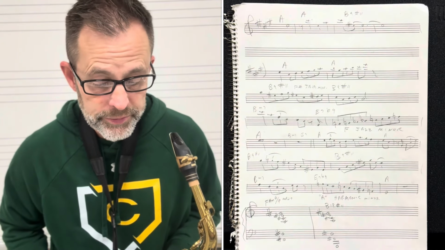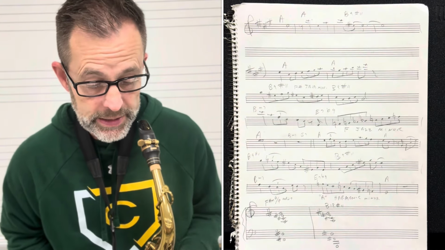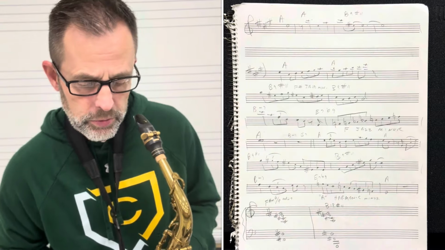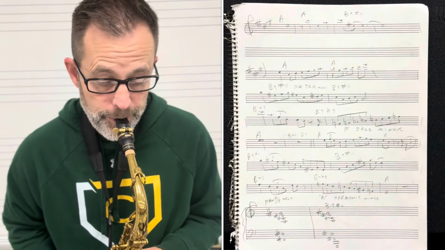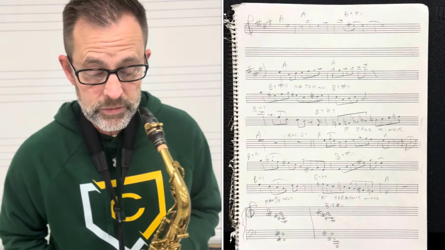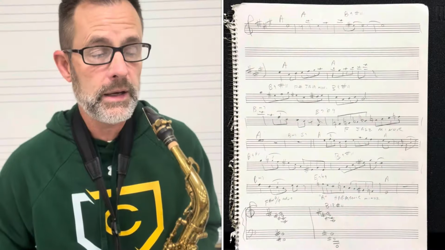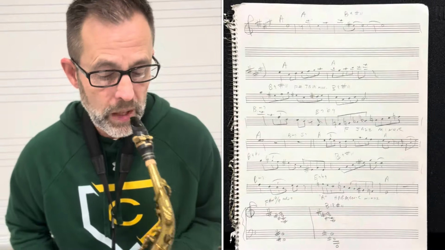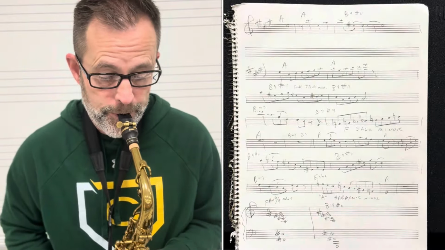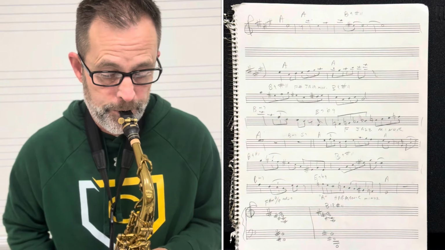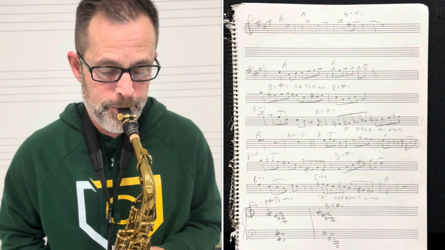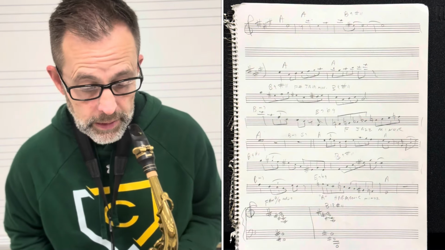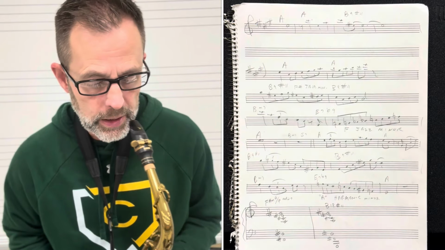Beautiful. So this line over the B9 sharp 11, he starts with a little chromatic triplet down to the E sharp, which is really the major 7 of the F sharp melodic minor. Amazing. And then pretty standard line.